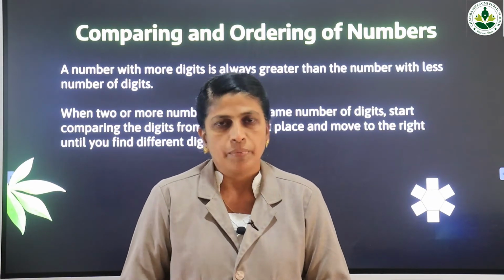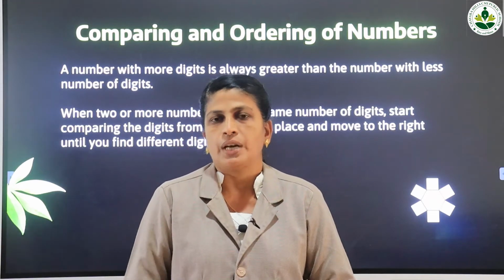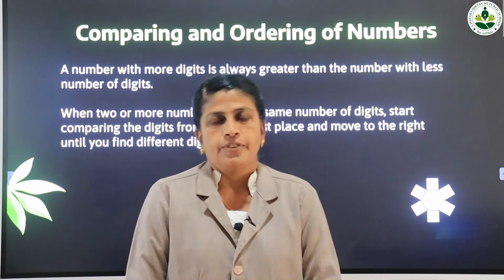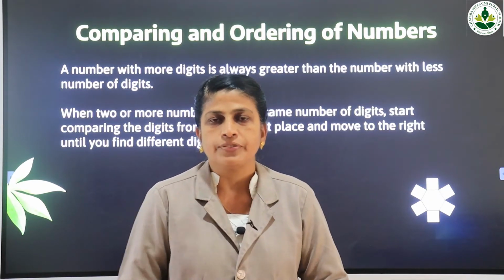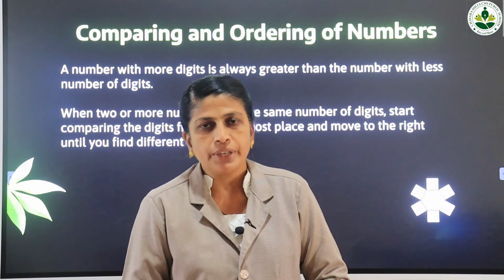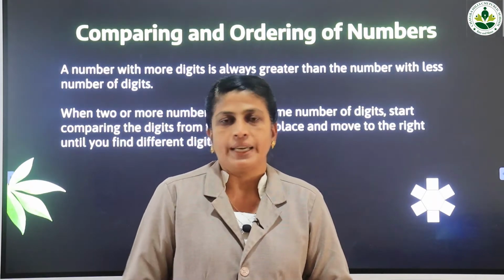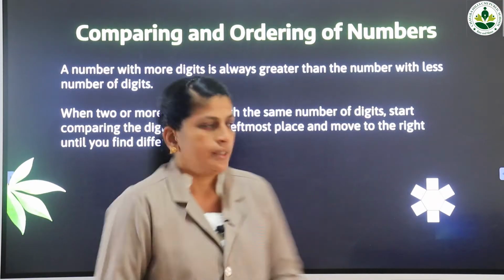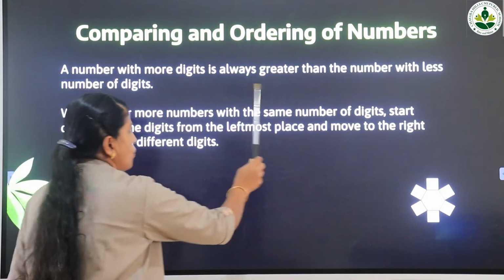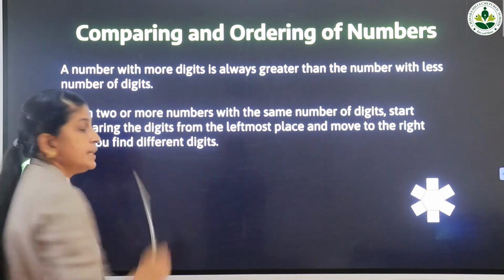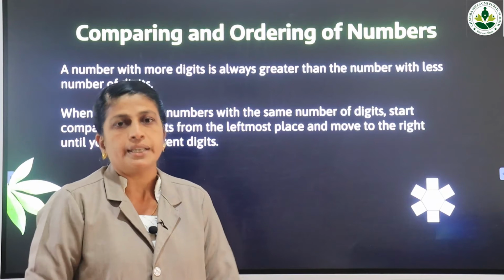If the number of digits is the same, then we have to follow another rule. We have to compare the digits from the leftmost place, and move to the right until we get different digits. Therefore, look at this. A number with more digits is always greater than the number with fewer digits. So first check the number of digits in each number.